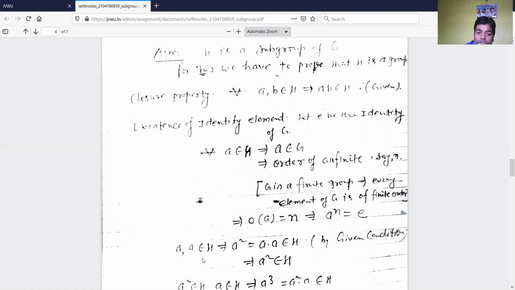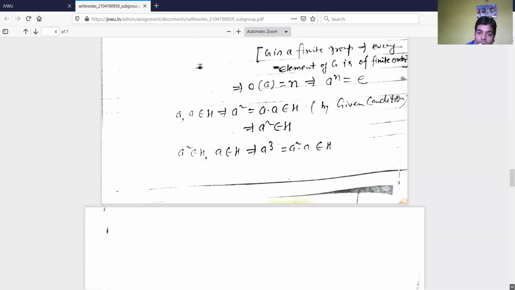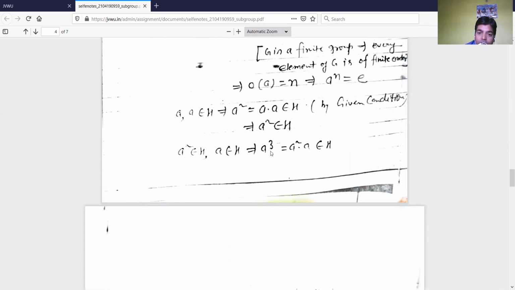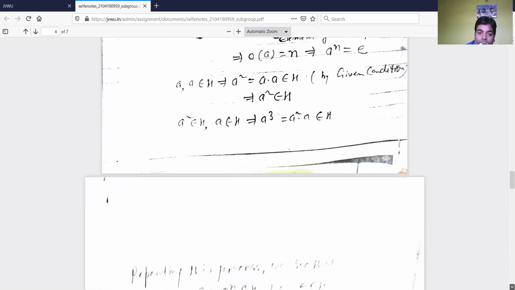Now A, A belongs to H, that implies A square is equal to A dot A belongs to H. Since A square belongs to H and A also belongs to H, that implies A cube will also belong to H, by the closure property.